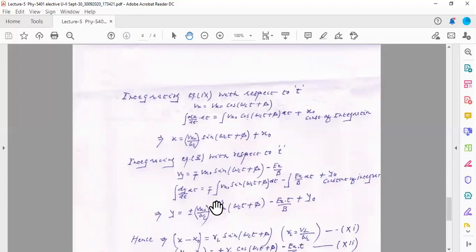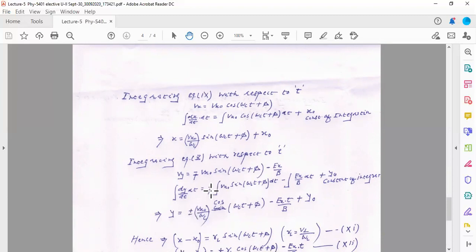So this is giving you y, because it is basically integration. And you see, integration of sine is minus cosine.